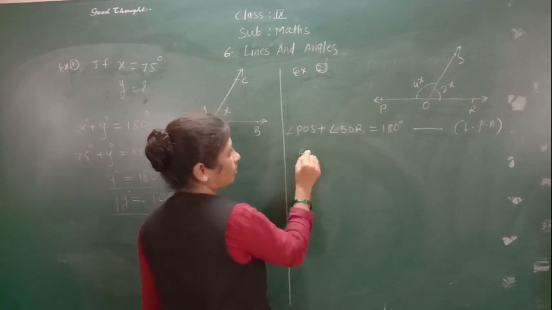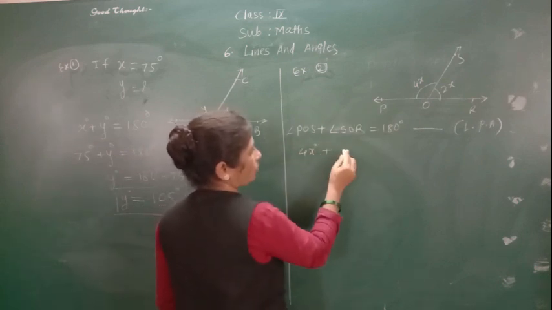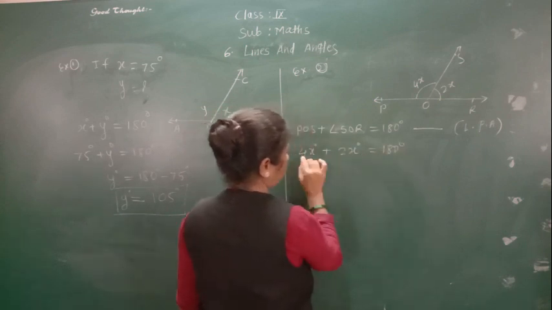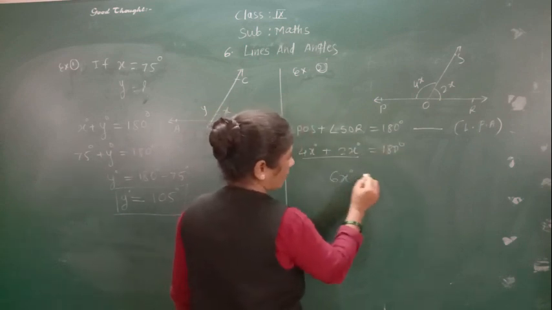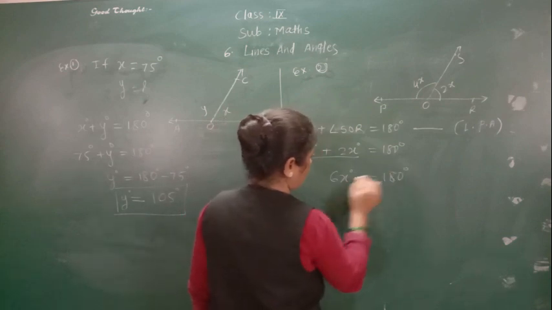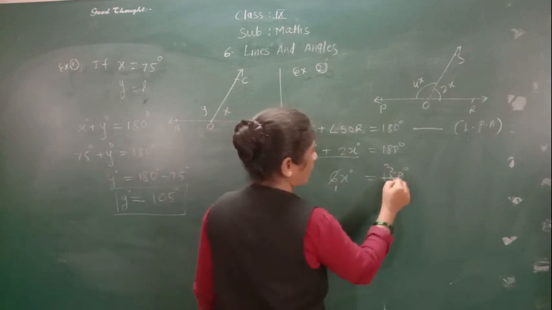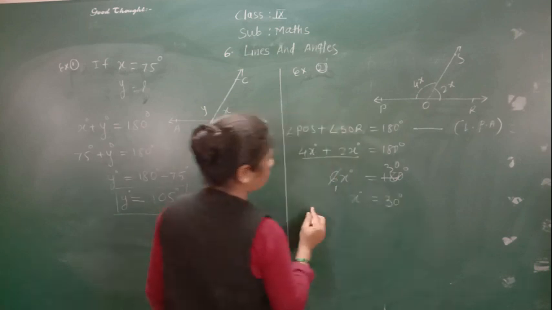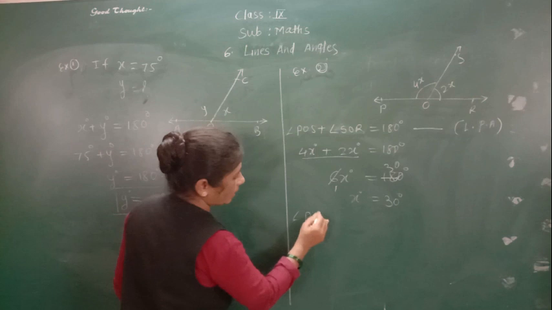Here POS is given as 4x degrees plus SOR 2x degrees equals 180 degrees. So 6x degrees equals 180, so x equals 30 degrees. So what is the measurement of angle POS?